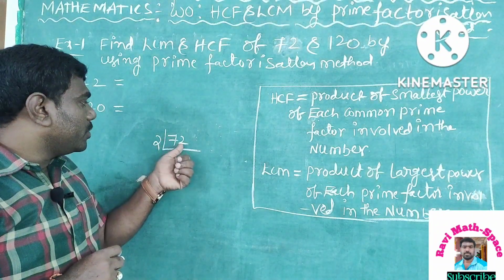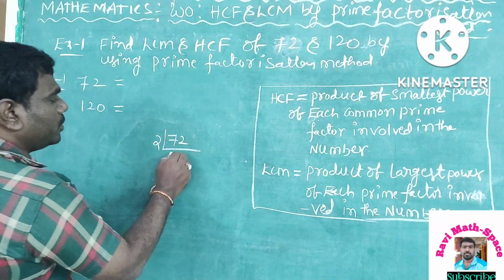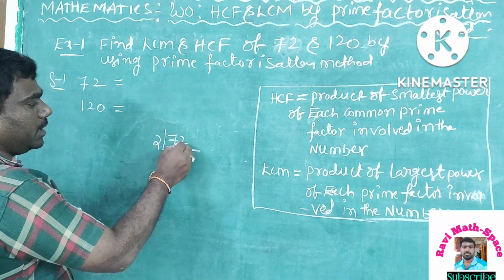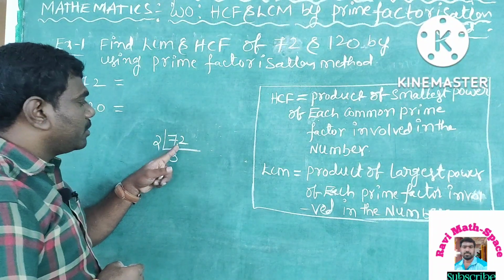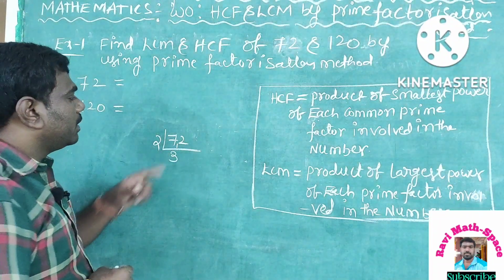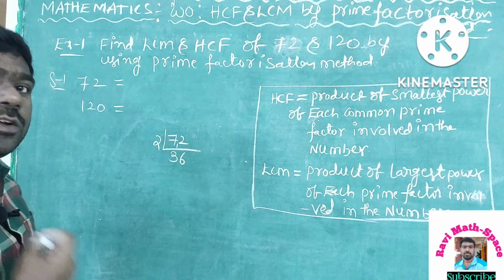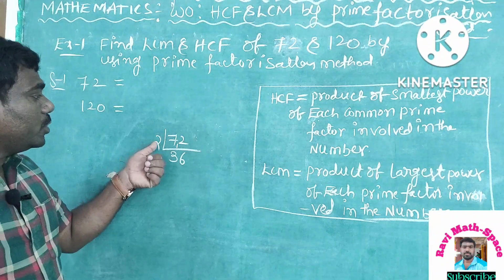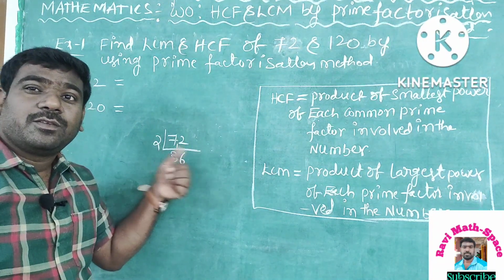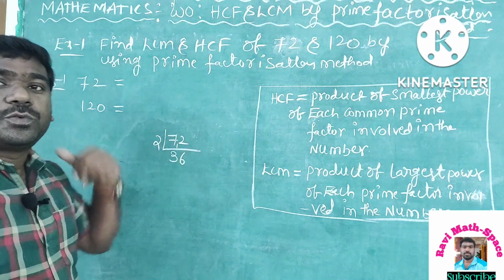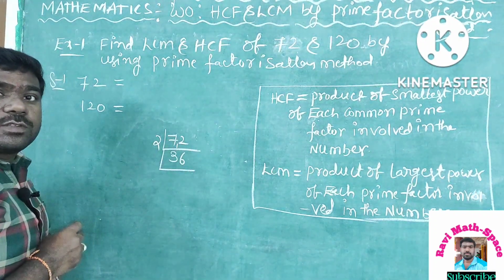Yes, 72 is divisible by 2. 2 threes are 6, 7 minus 6 is 1, which carries over. Now 12: 2 sixes are 12. So 2 times 36 is 72.